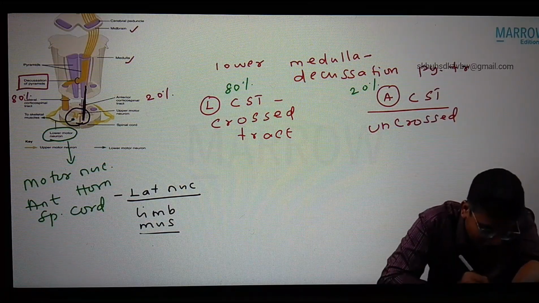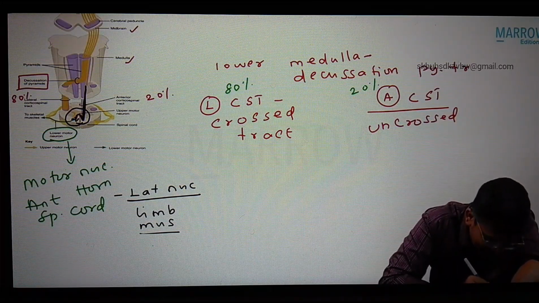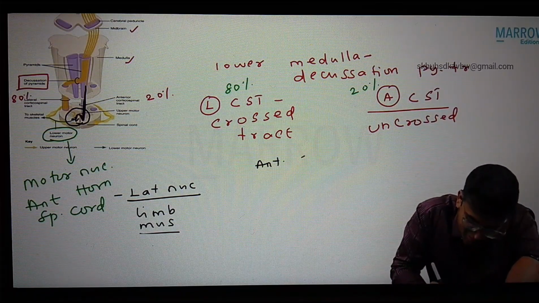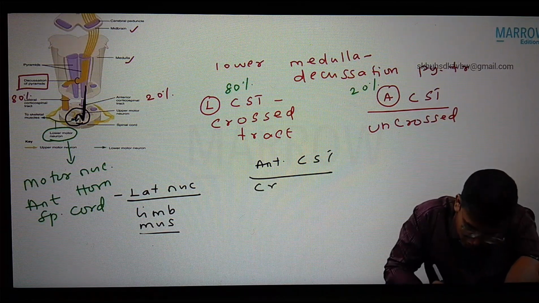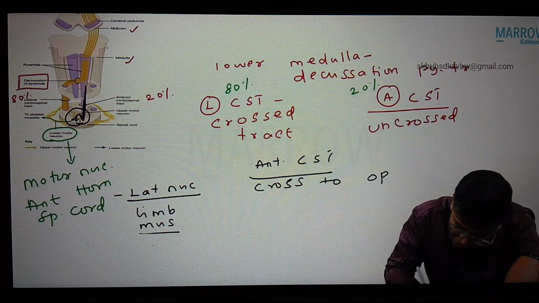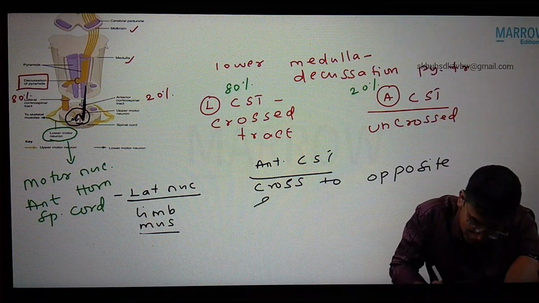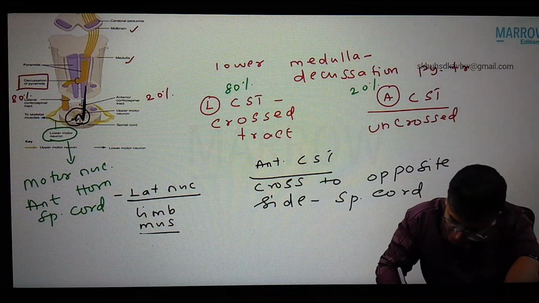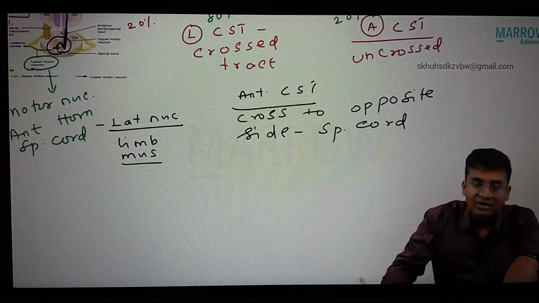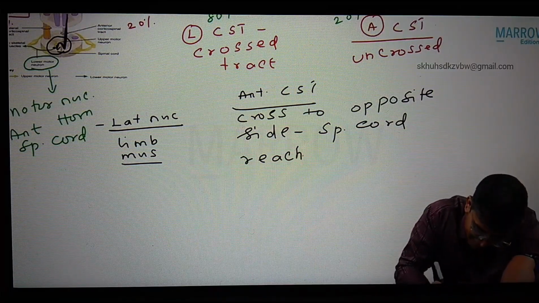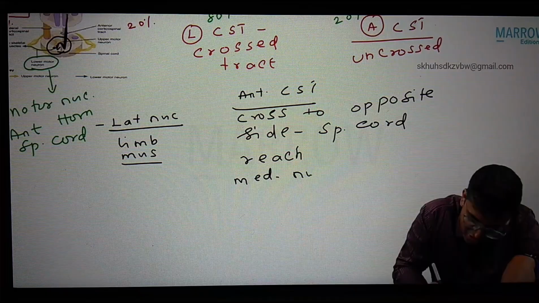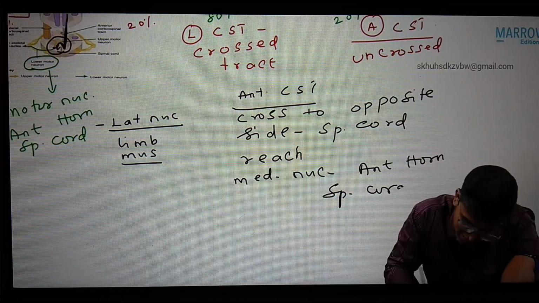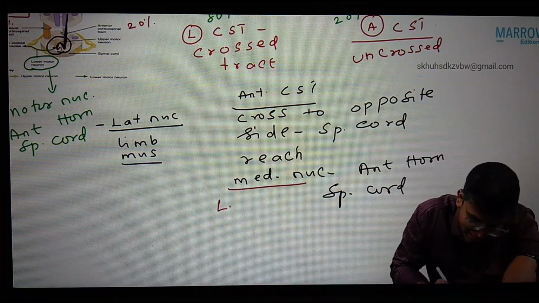After coming to the spinal cord, it crosses to the opposite side and reaches the medial nucleus in the anterior horn of the spinal cord. Again, the medial nucleus innervates the axial muscles.